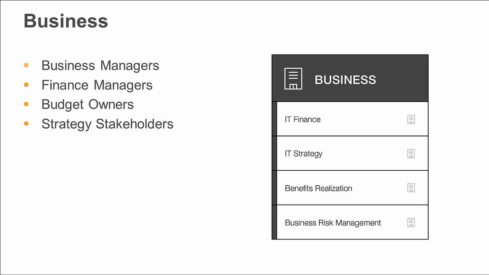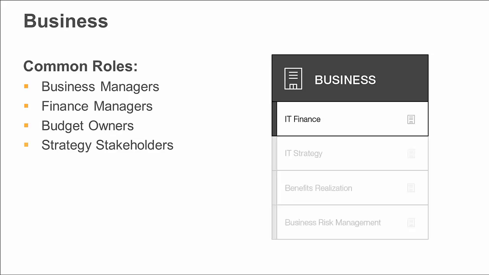The types of stakeholders we typically see are people like business managers, finance managers, budget owners, and strategy stakeholders. And you'll see on the right-hand side of the slide a list of the capabilities that we see are some of the critical capabilities that really transform with cloud adoption in order to provide the highest level of business value. And to start, we talk about IT finance.